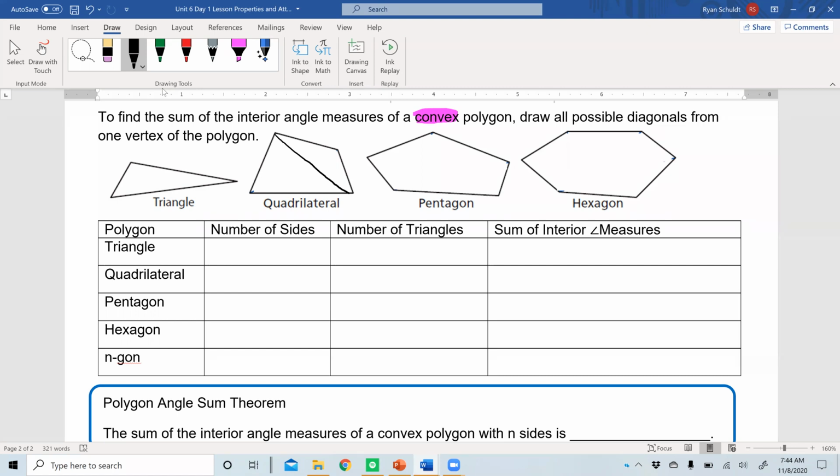If I start at this one, I want to connect to, oh, that's not a straight line. I want to connect to that one. So I've done that one. I can connect to that one and that one. So I've connected to every point here.